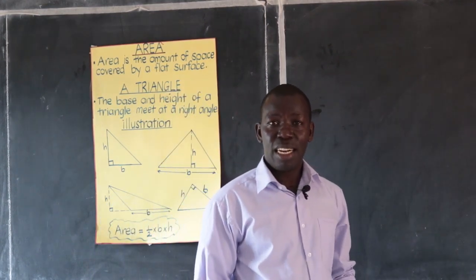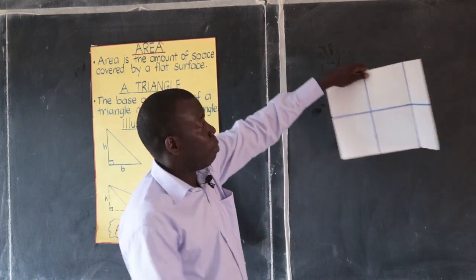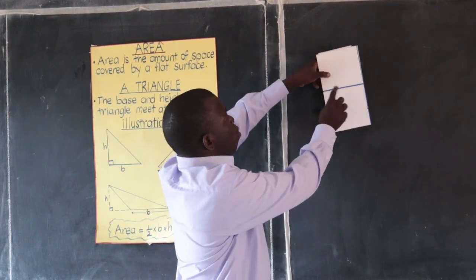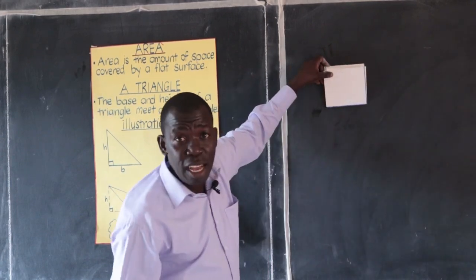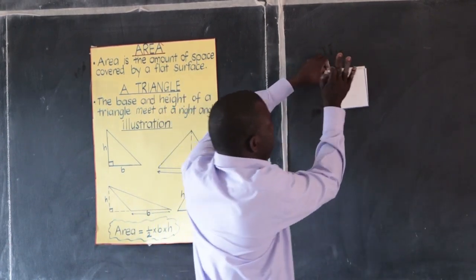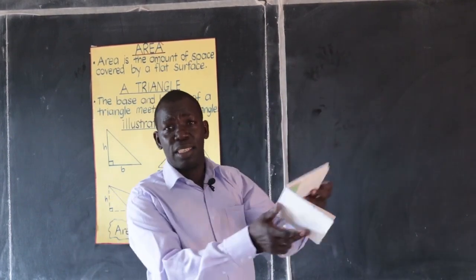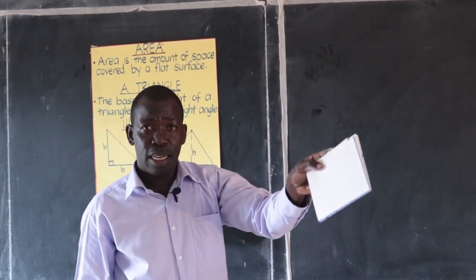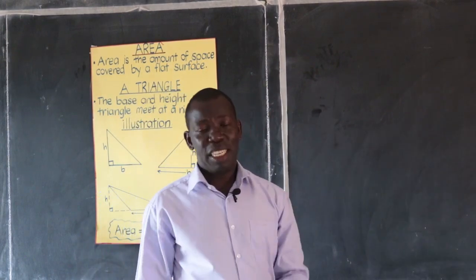Other units are square centimeters. Still, I want to talk about the same. If from here up to here is 1 centimeter, it means the region that is covered by this square tile of mine is 1 square centimeter.